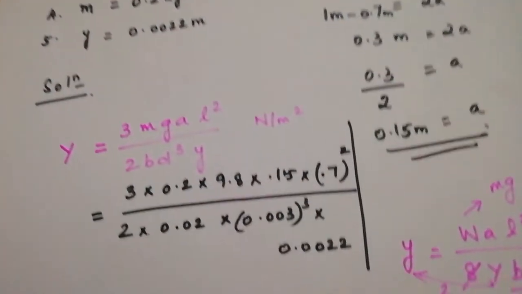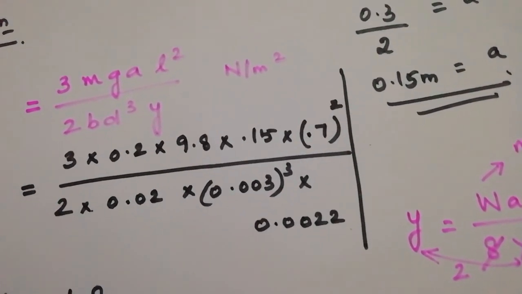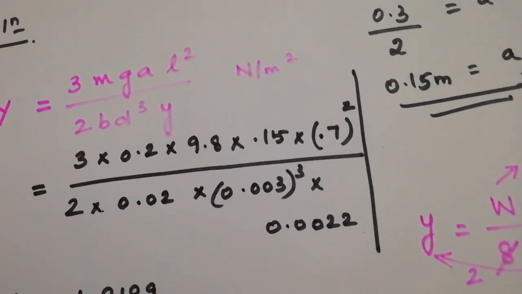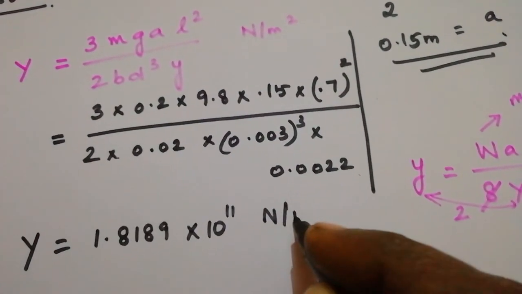So Young's modulus of the given beam is 1.8189 into 10 power 11 Newton per meter square.